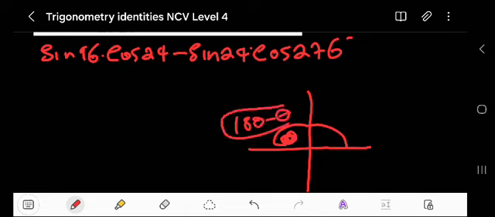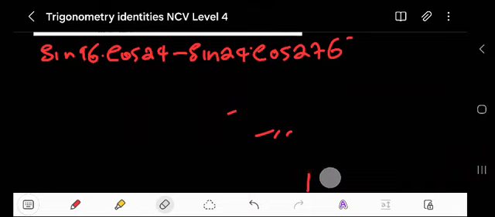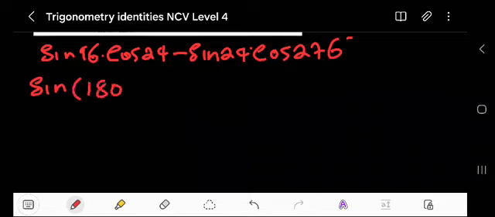So we'll reduce that. We have sine of 180 minus 96, which will be 84. So sine (180 minus 84 degrees) gives us 96, so we're still on the right track.